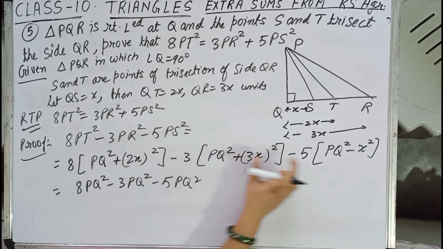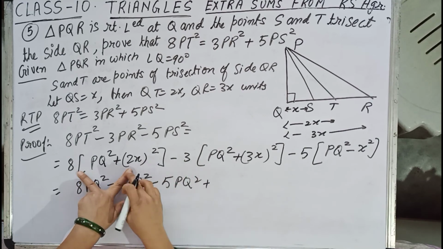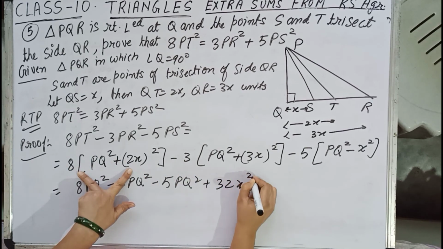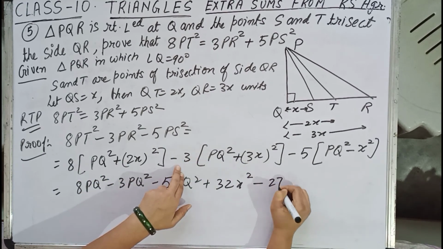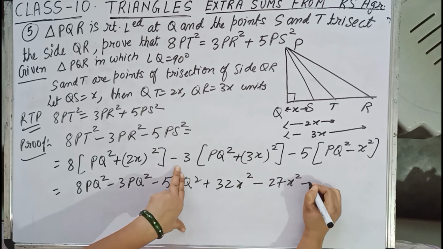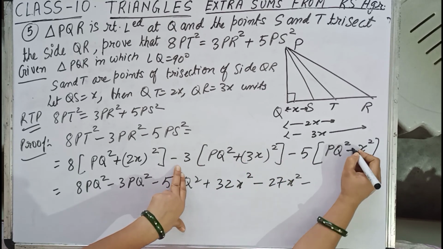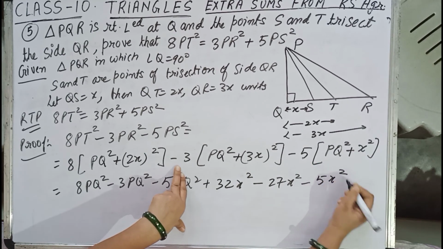This first term I have expanded. Now plus this term, 4 8s are 32, 32x square minus 9 3s are 27x square. This one is minus, oh sorry, over here plus x square. So minus of 5x square.